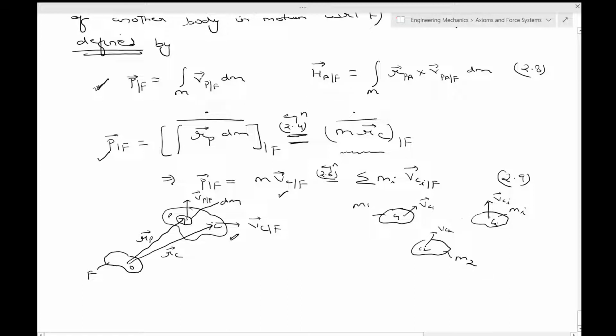All these velocities are in the F frame, I am not writing them separately. So that is where this can be written.